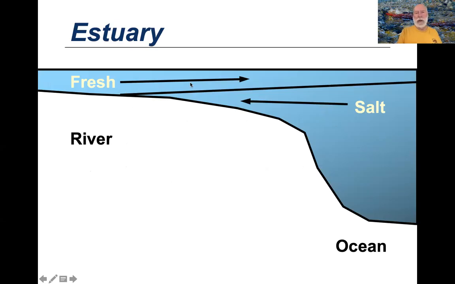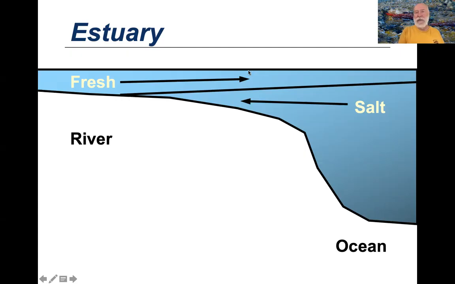And so the fresh water tends to spread out over the surface of the Strait of Juan de Fuca or the Salish Sea, whatever your preference you want to refer to that. So anyway, fresh water tends to spread out over the salt water. So we see a stratification here as the water enters into the ocean.